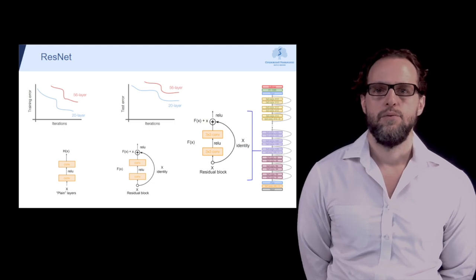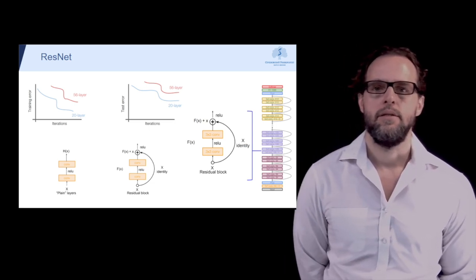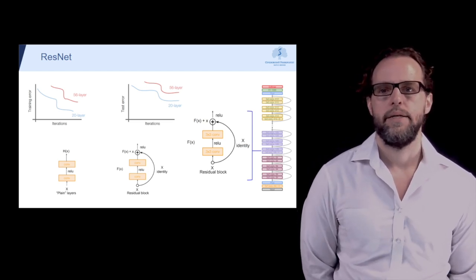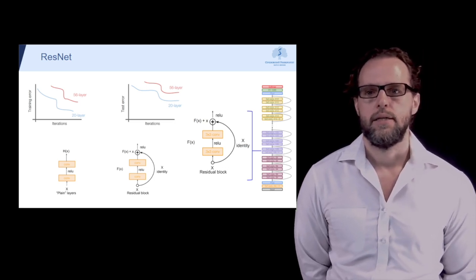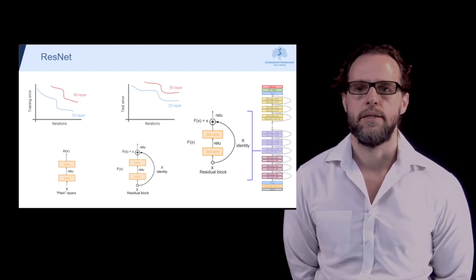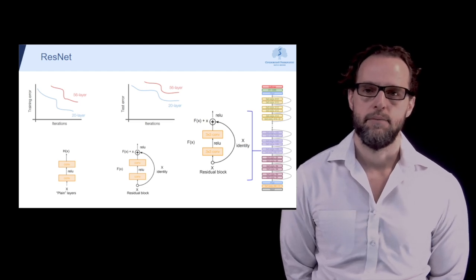What happens to a neural network if we increase the number of layers? It's possible to take a conventional architecture like VGG and simply stack more and more layers on top of each other. Is it possible, and will it help?